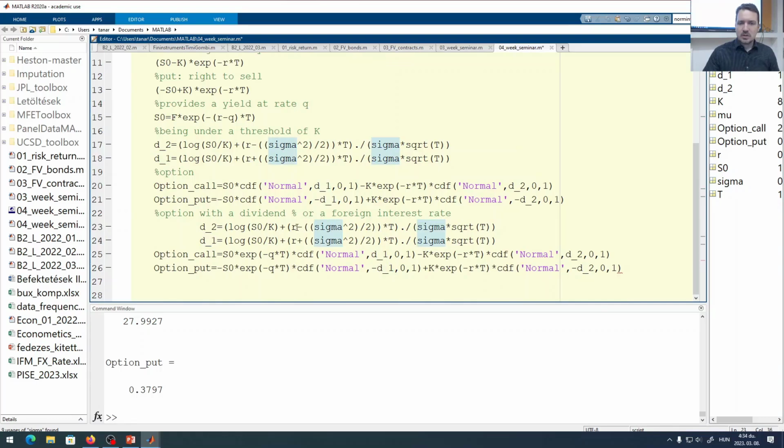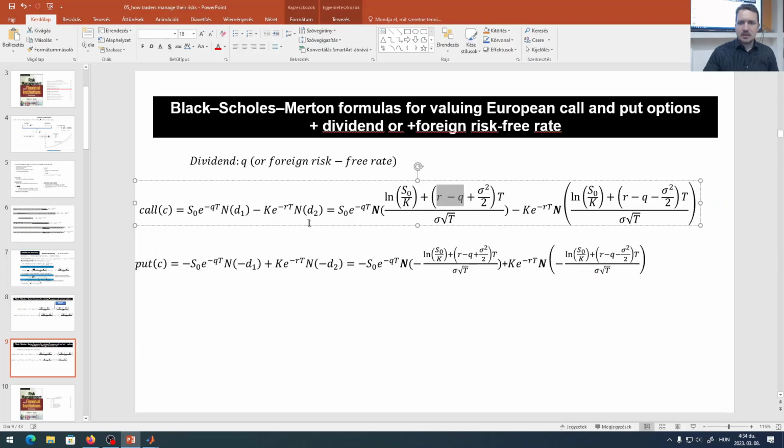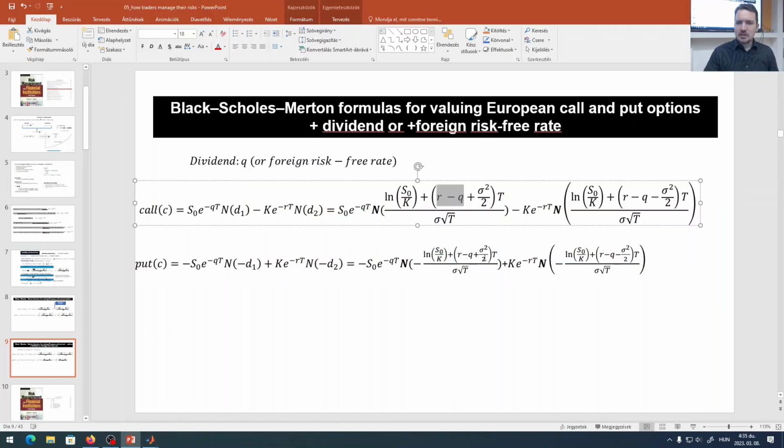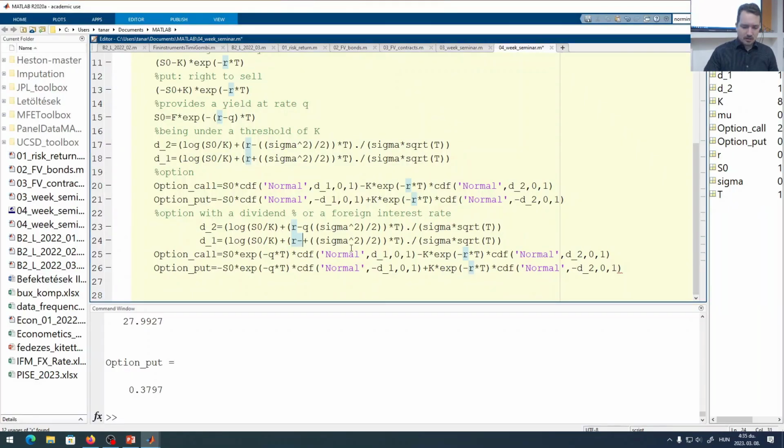Okay, so we can see that it's quite simple, because we just have to say minus q in all the cases, because the logic from here will be the same. So Q, and also in D1 minus q.